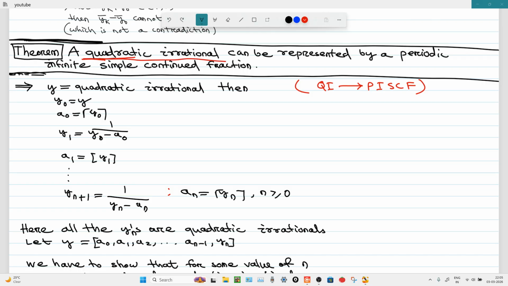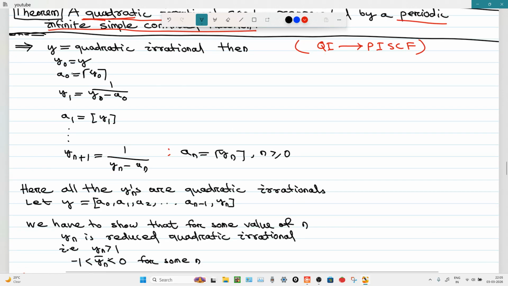A quadratic irrational can be represented by a periodic, infinite, simple, continued fraction. Let y equal the quadratic irrational. Then we can write y0 equals y and a0 equals the greatest integer of y0.